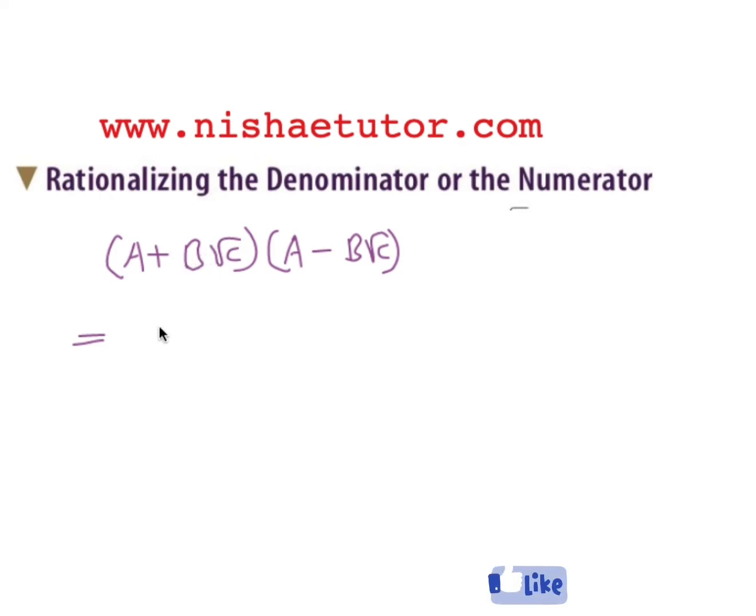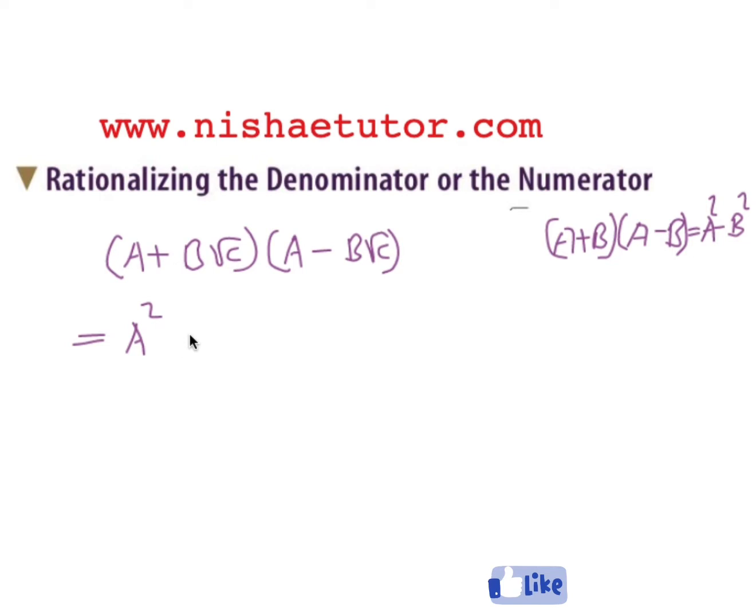So we have to multiply the numerator and denominator by this, and here we can use a special product formula: a plus b times a minus b equals a square minus b square. This formula we will use, so it will be radical free.